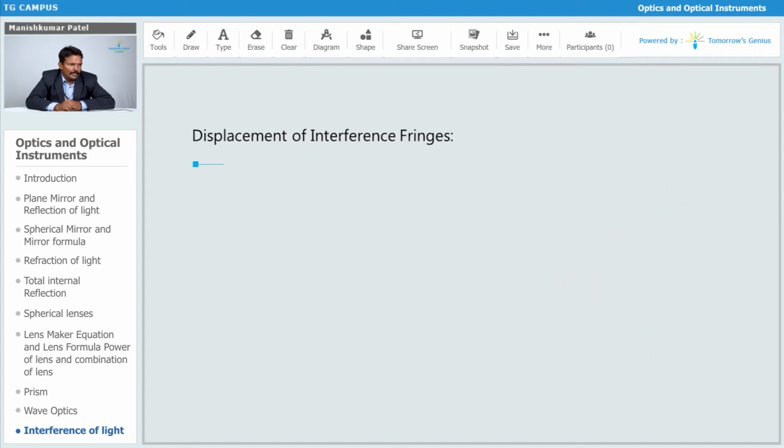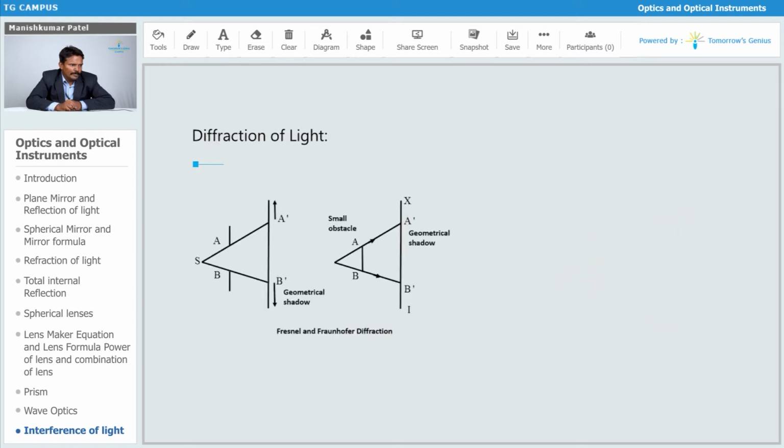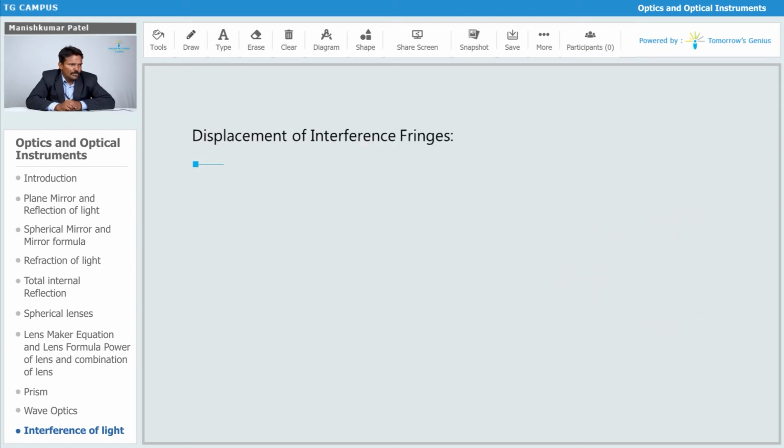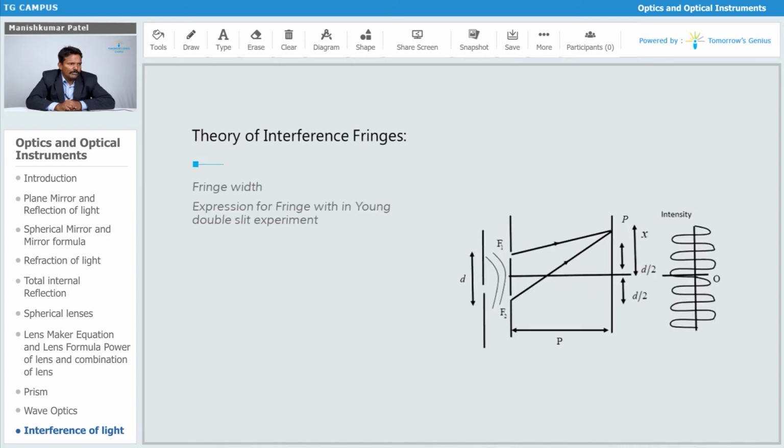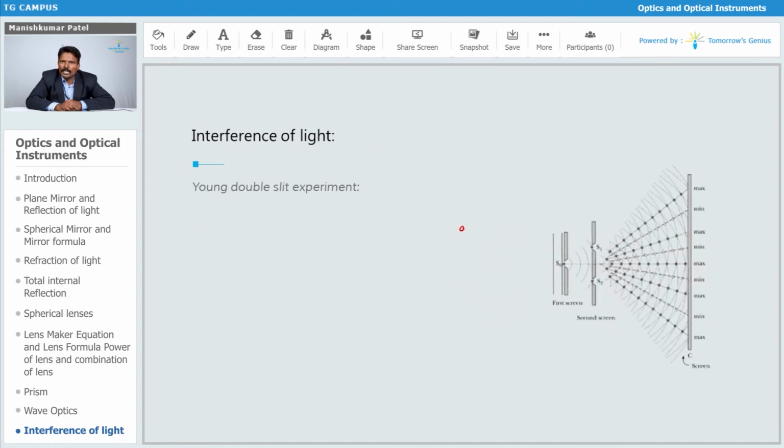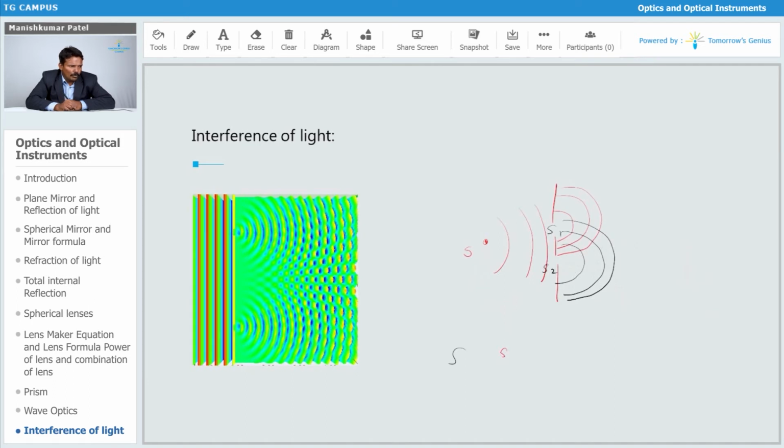Related to that, you have to find the various expressions now. The first expression that we are going to calculate for this case is the fringe width. At the same time, we are going to calculate one more important thing, the intensity.